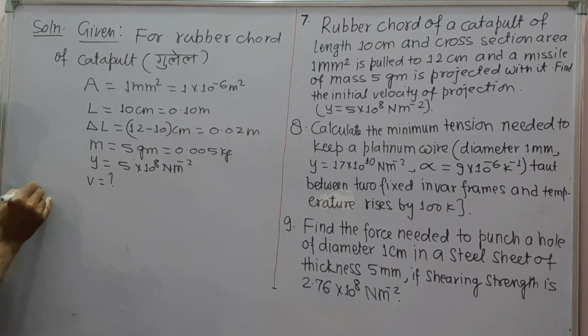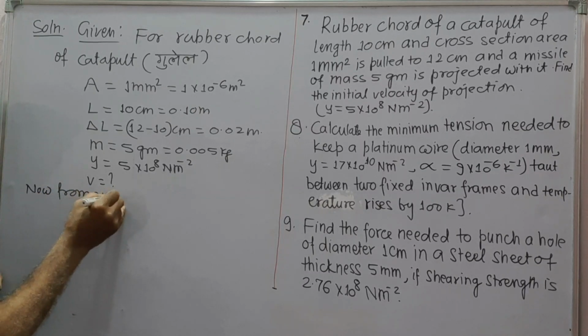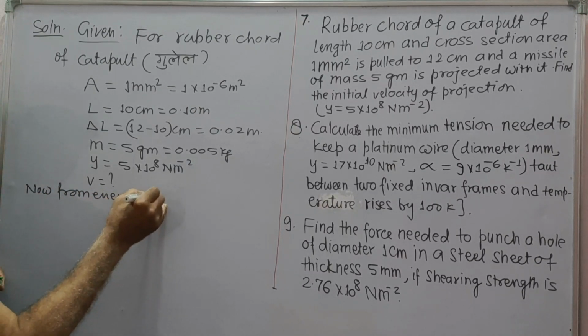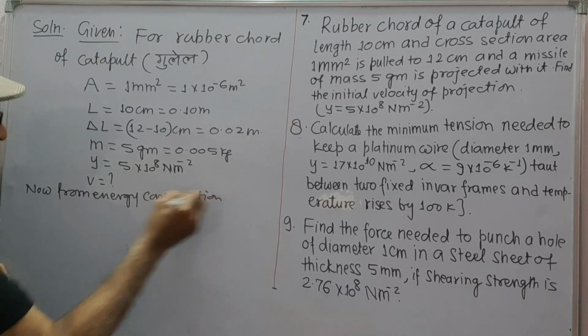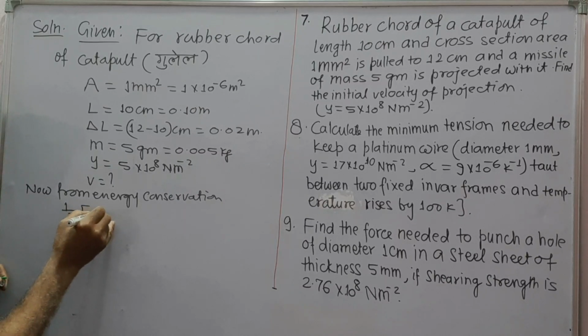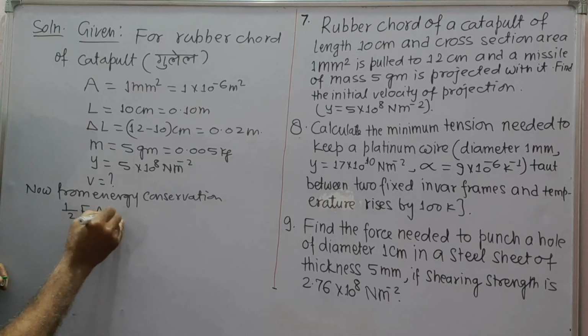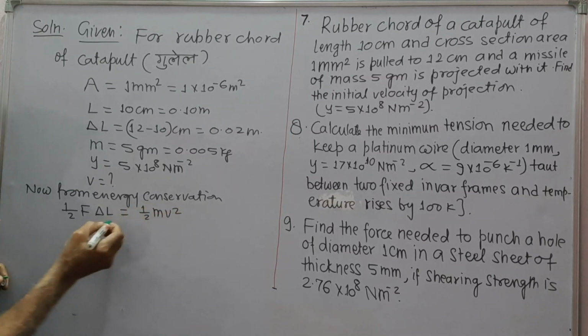Now, from energy conservation law, in this case, energy stored, F into delta L, must be equal to the kinetic energy gained, half mv square.